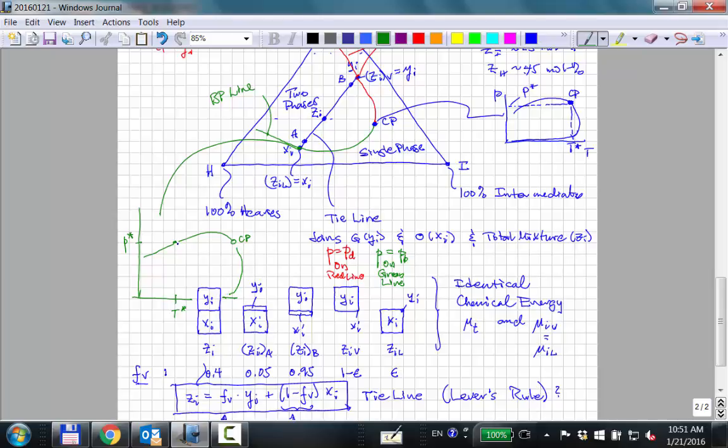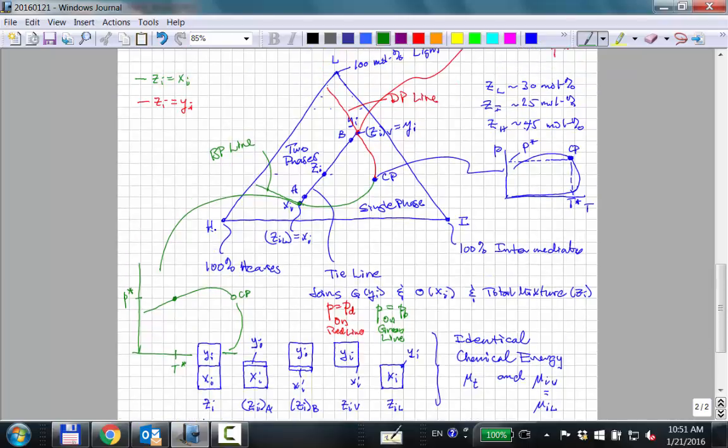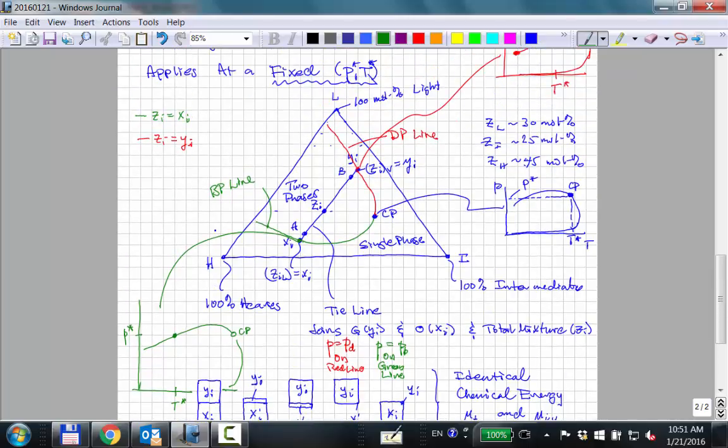Okay? It's at its bubble point here, and every composition has its own pressure temperature diagram.